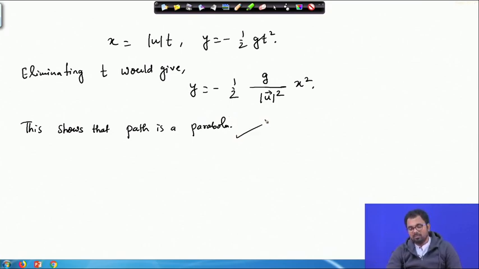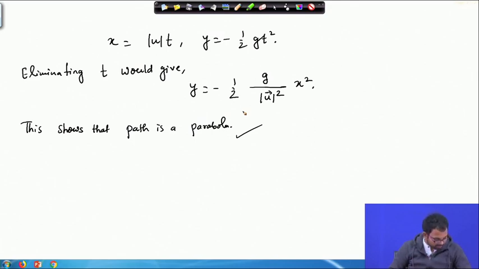So, using just some simple concepts of vector calculus, without complicating things, we were able to derive the equation of the curve along which the particle P, or the stone P, moves. All right. So, this is one of the interesting applications of vector calculus in mechanics.